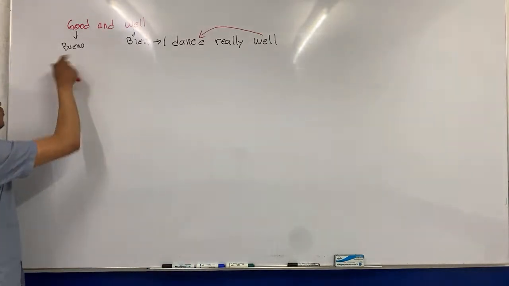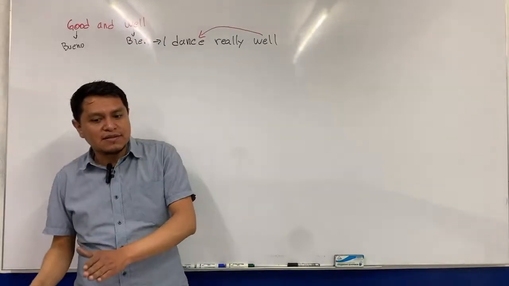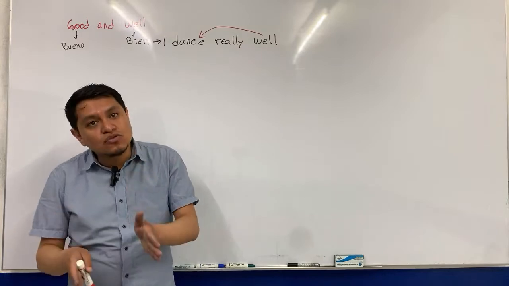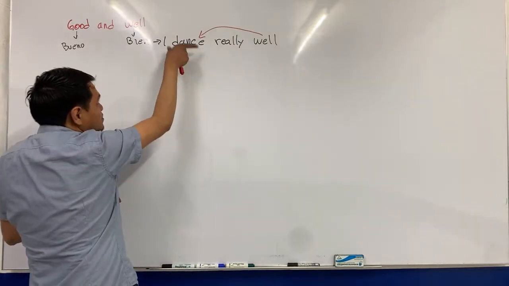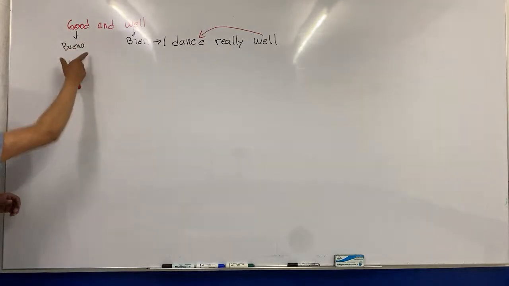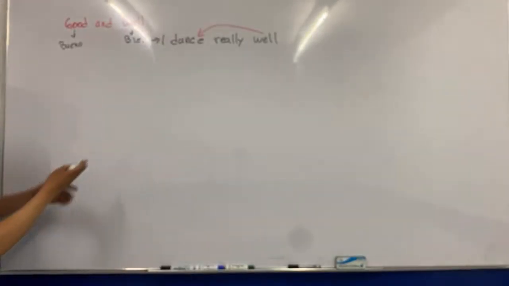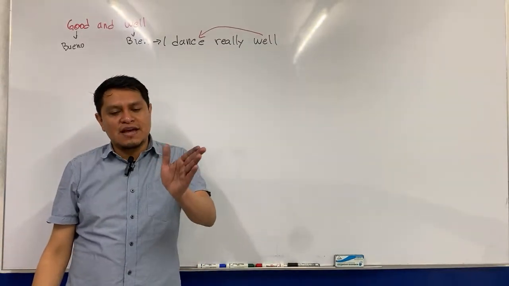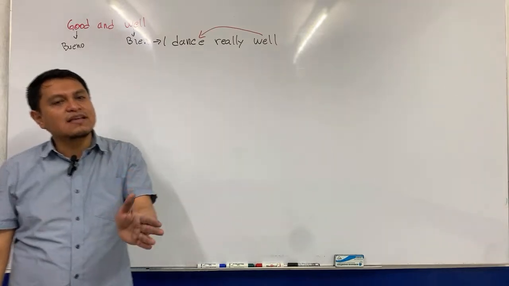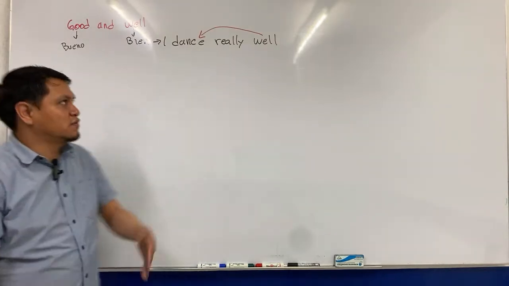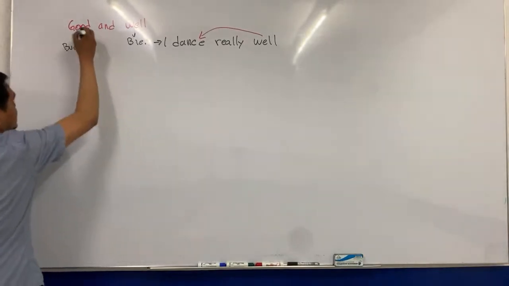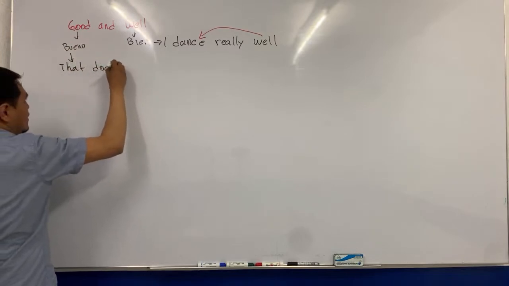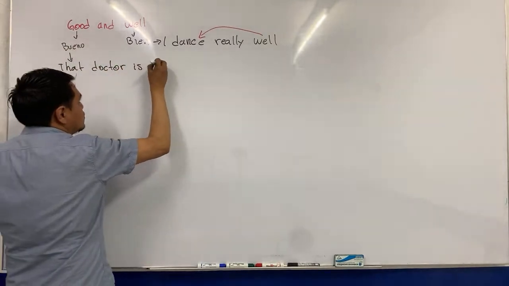And the next, good, on the other hand, good, it's an adjective, right? Modifies nouns, right? I mean, these modify verbs and these modify nouns, right? For example, that doctor is good.